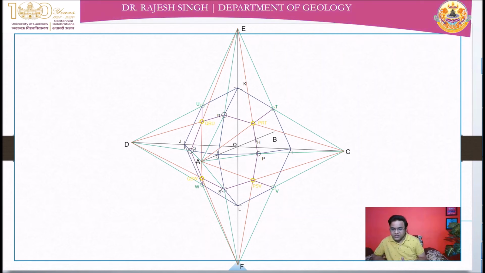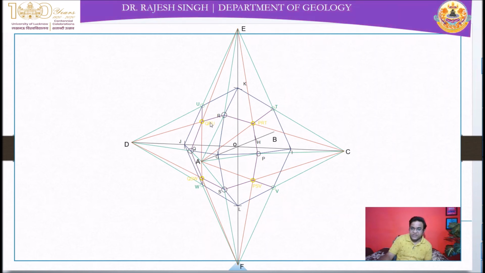No one will ask why you have not made the back faces, because you know that for making the front face so many lines have been drawn. For the back end, only these 4 points, TU and VW, will be common.